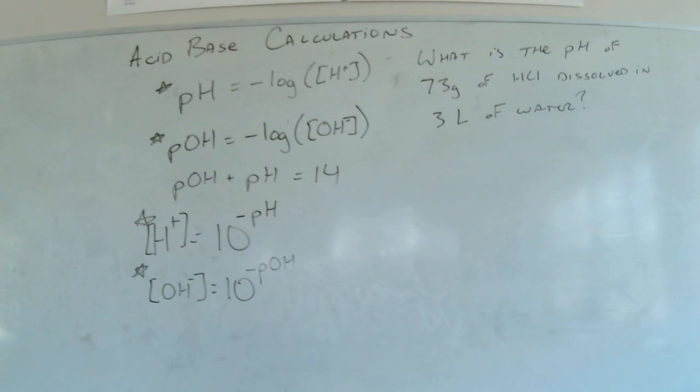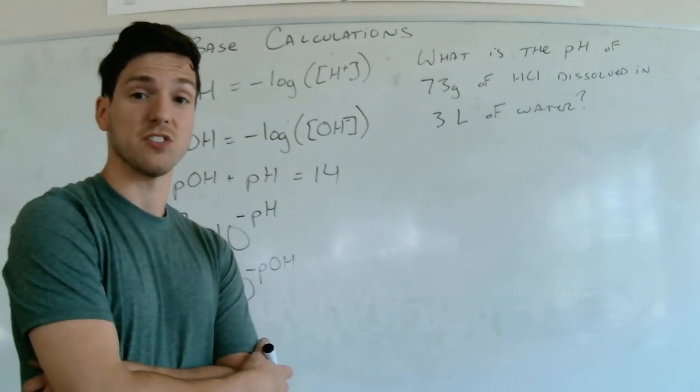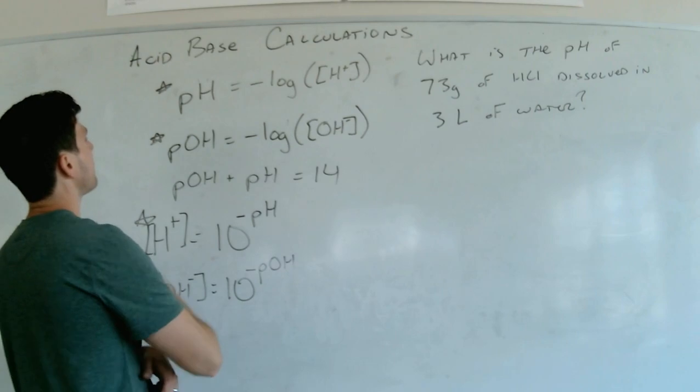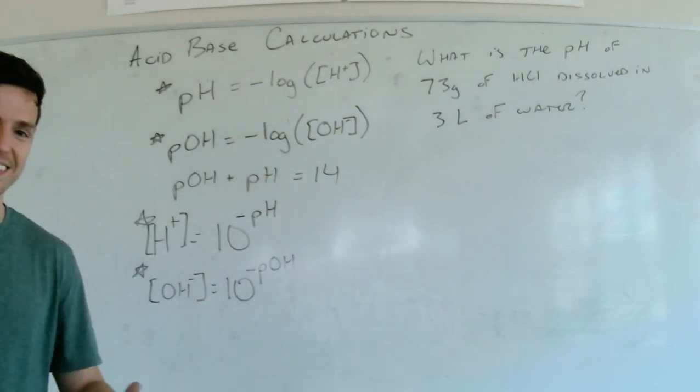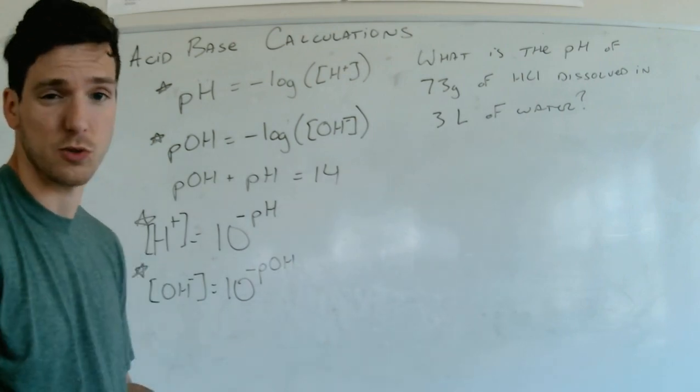So here I'm asking, what is the pH of 73 grams of HCl dissolved in water? Well, I want pH, right? If I want pH, I got to have H+. But I don't have H+, right? That's the concentration of the acid.